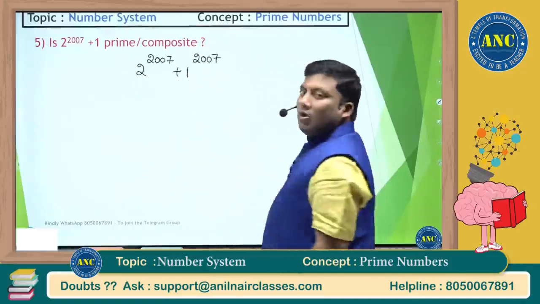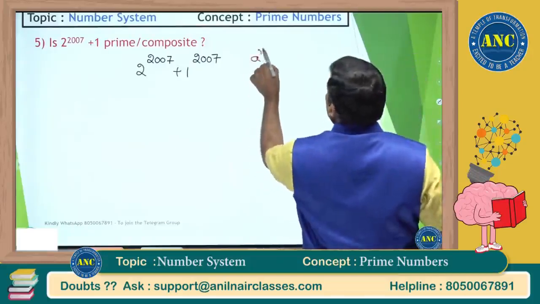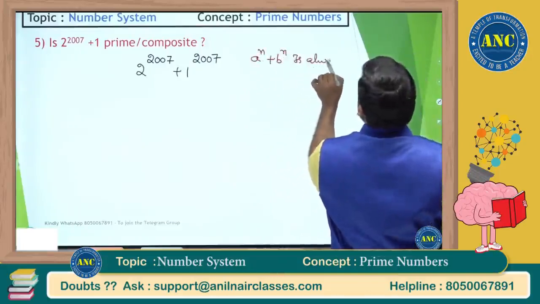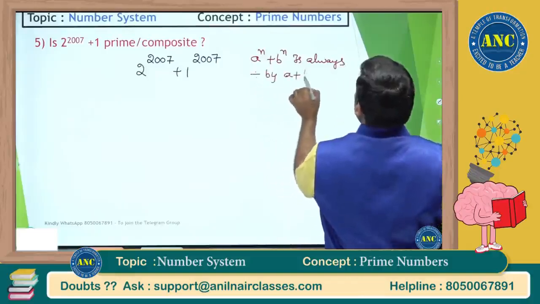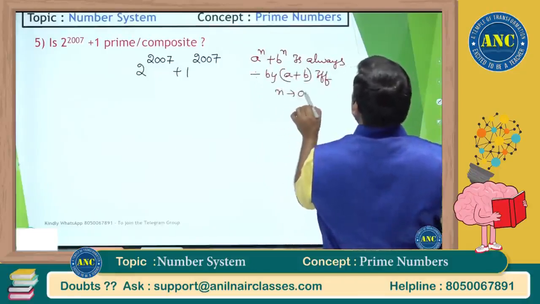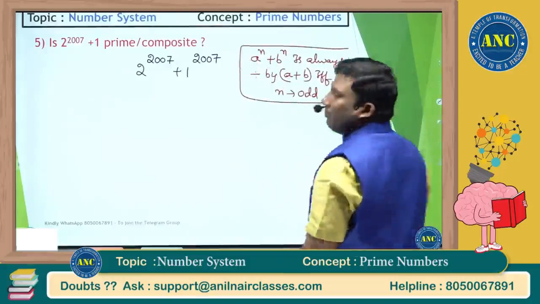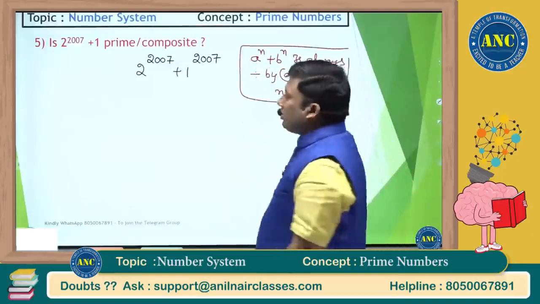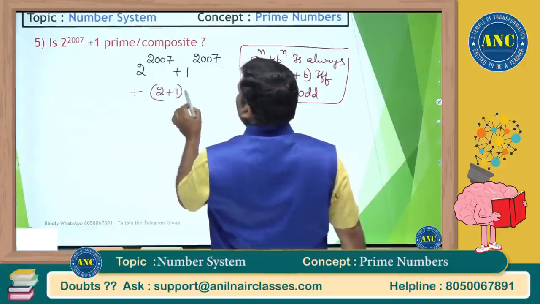Now see here: a power n plus b power n is always divisible by a plus b if n is an odd number. 2 power 2007 plus 1 power 2007: 2007 is an odd number, so it is divisible by a plus b, 2 plus 1, which is 3.